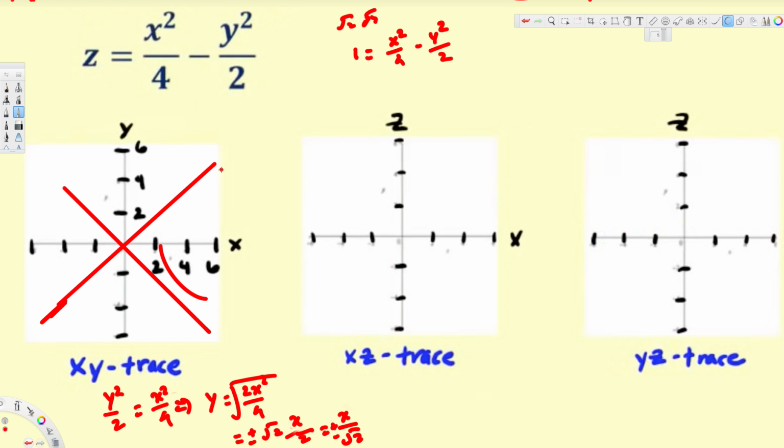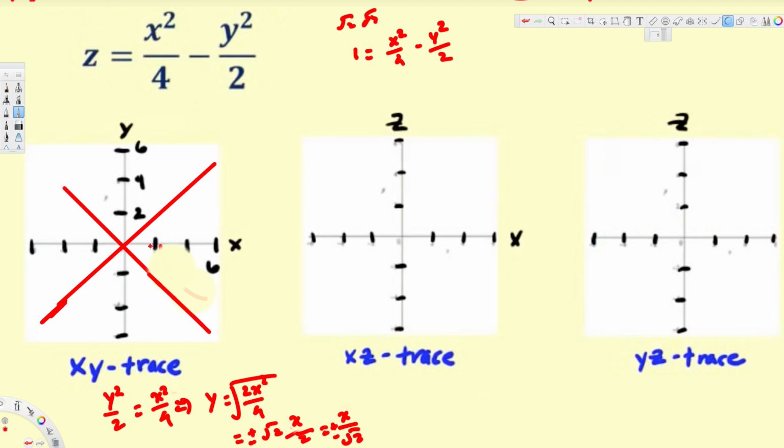And I have to be careful about the places I'm starting. Before I go ahead and do that, I draw a rectangle. So x square over 4, that's going to be plus 2 minus 2.